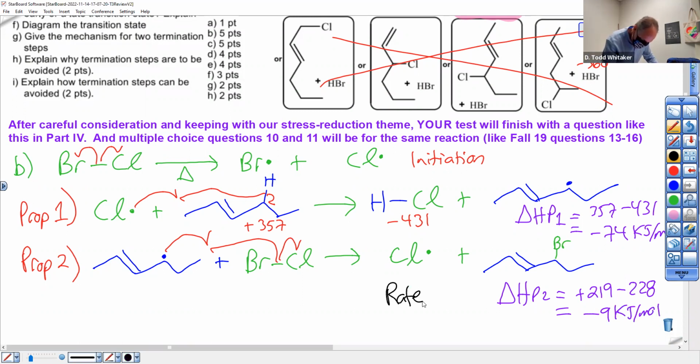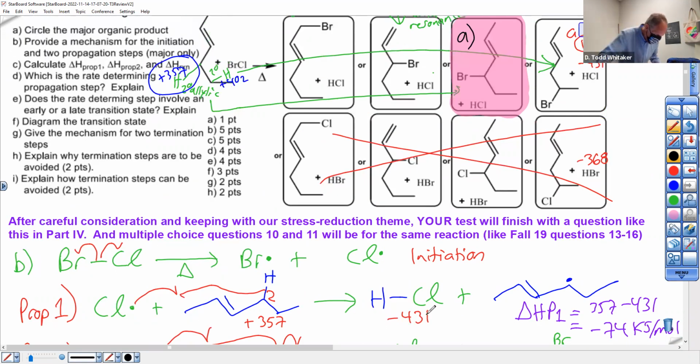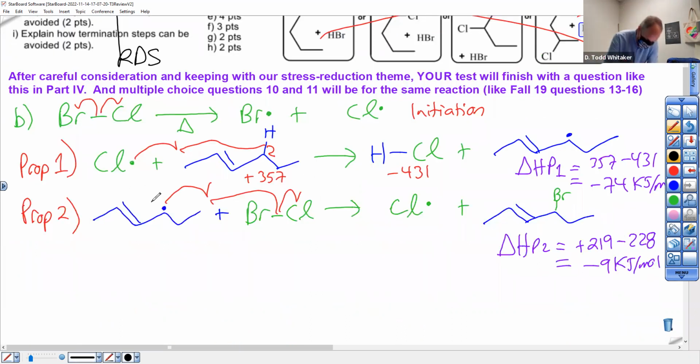Rate. Don't waste your time writing rate determining step. Do this on the test instead. You just go and point to it here and say RDS from now on, Dr. Whitaker. Point to it. So you've defined it. And now you can use RDS as many times as you want.